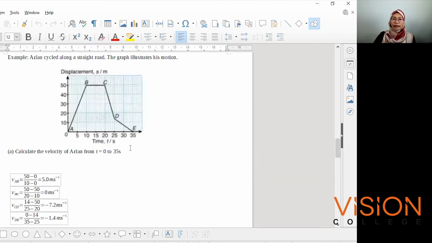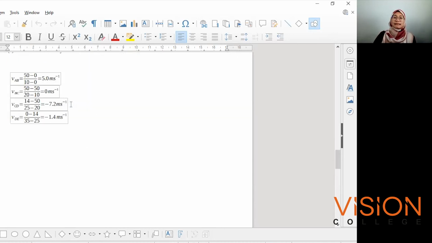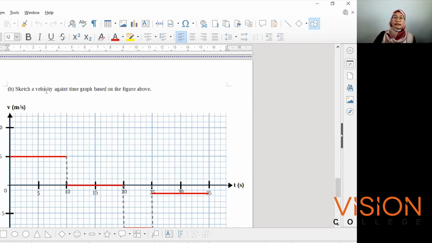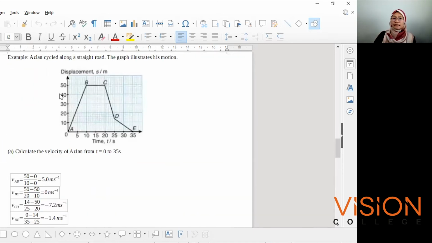If you look at the question, on the x-axis we have 0, 5, 10, 15, 20, 25, 30, 35 seconds, a 5 second interval, right? And then the y-axis was displacement. But since the question is the velocity against time graph, the time will remain the same. However, the y-axis, which is the velocity, will change. It won't be the same as this one anymore.